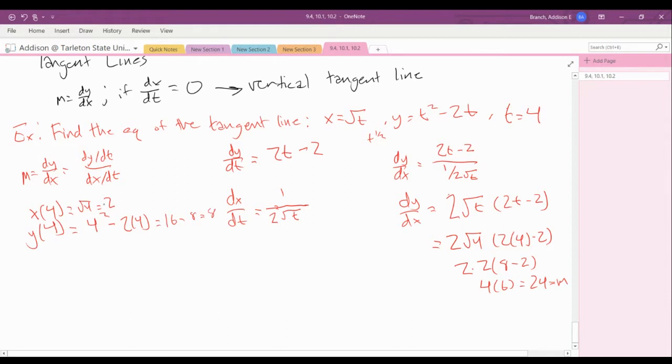Now we can plug it in: 8 is equal to 24 times 2 plus b. 8 is equal to 48 plus b. b is equal to negative 40, so our tangent line will be y is equal to 24x minus 40.